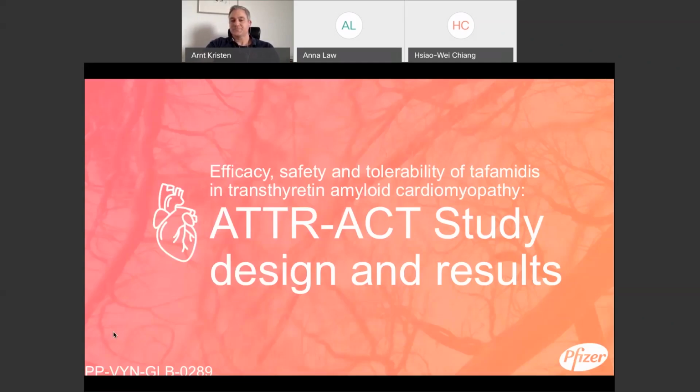The patients were randomized into 3 different groups. One group is the tafamidis group with 80 milligram.